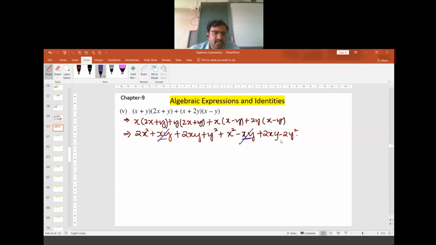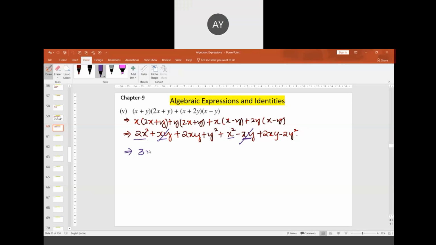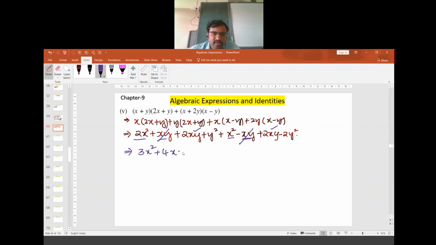They are like terms. When x square and x square are added up, we get 3x square. So 2xy added to 2xy is 4xy. And y square minus 2y square is minus y square.